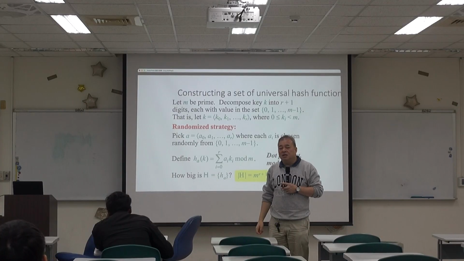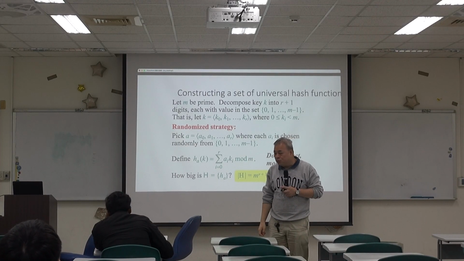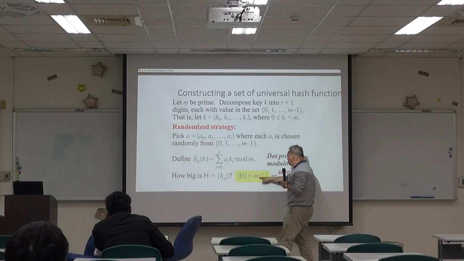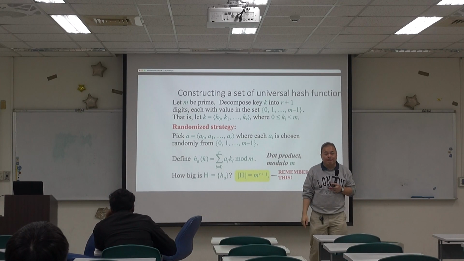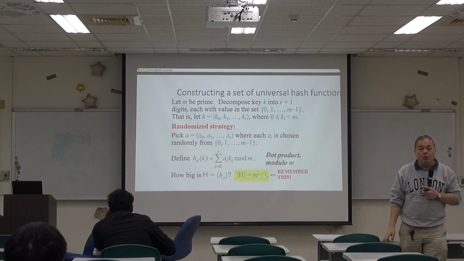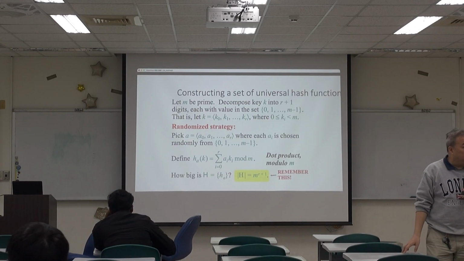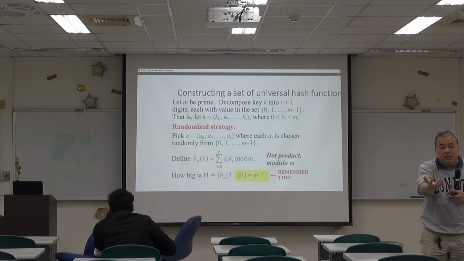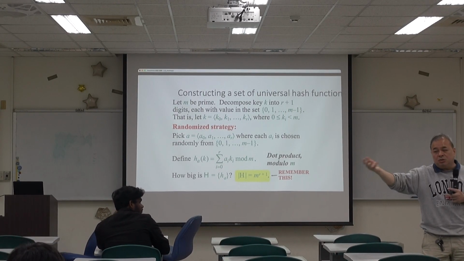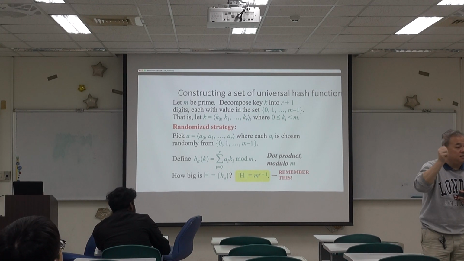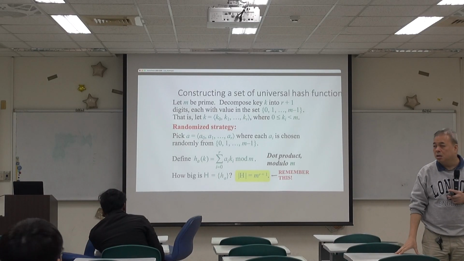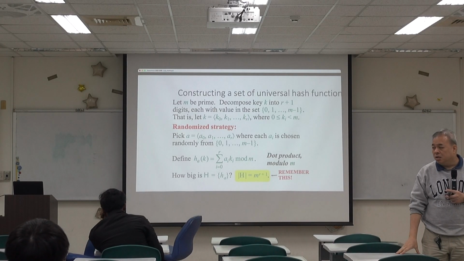The high school math tells you the total number of hash functions is n to the power of r plus 1. You should not have completely forgotten the high school permutations and combinations. Each has n choices, you have r plus 1 of them, so n times n times n, r plus 1 times, is n to the power of r plus 1.